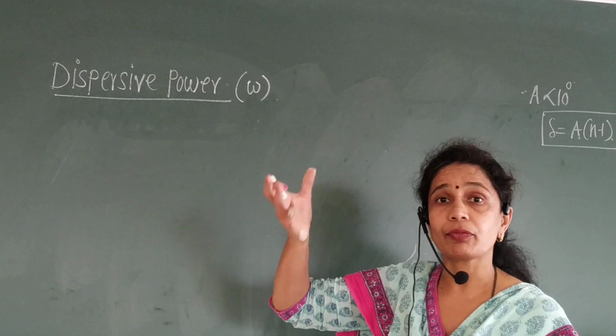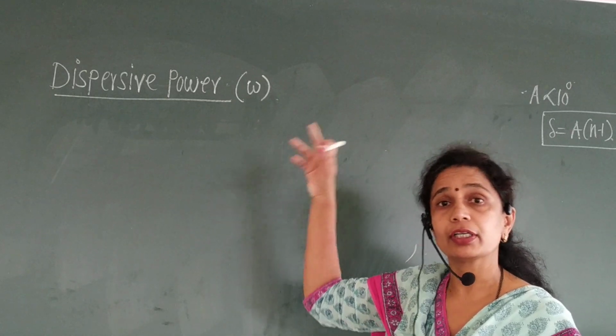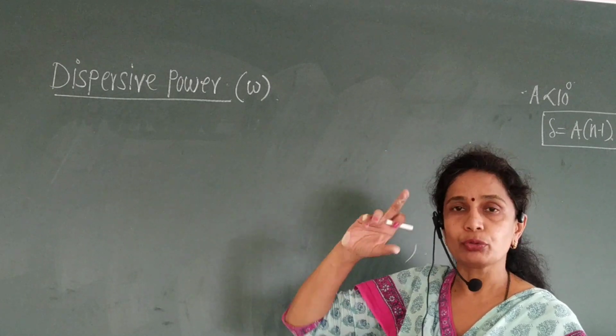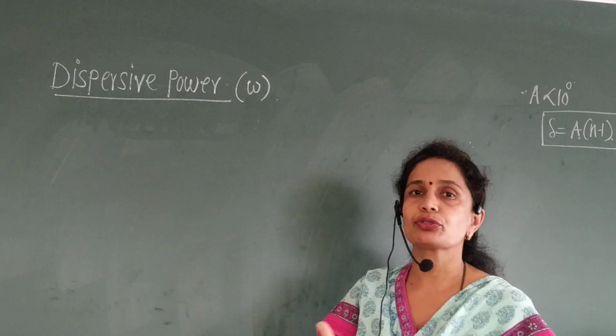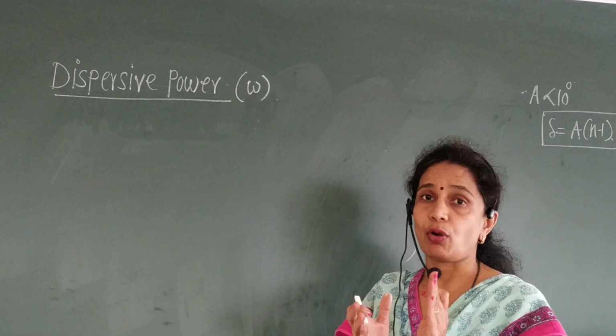Prism is made up of glass. So this is a property of the glass. Dispersive power is the property of an optical material to disperse a beam of light into its constituent colors.